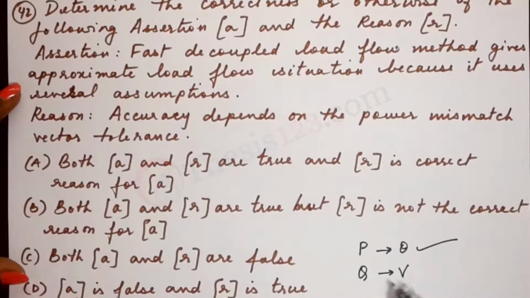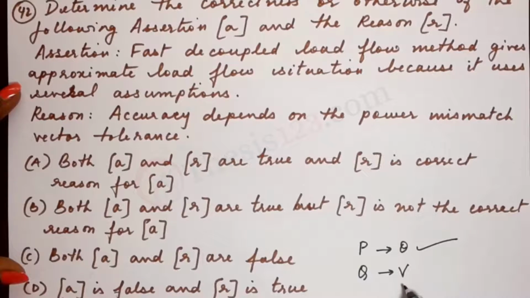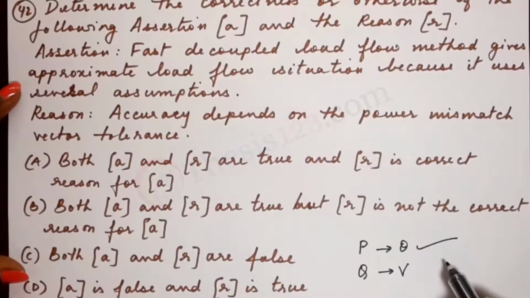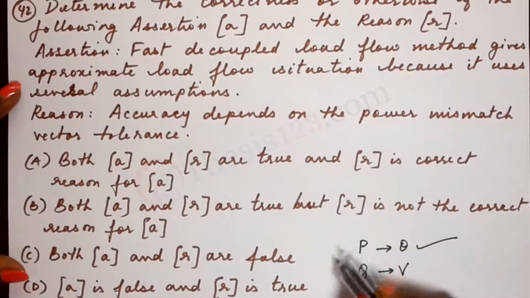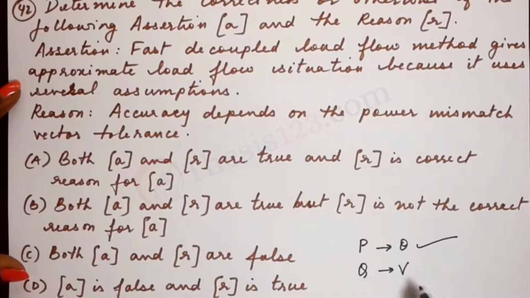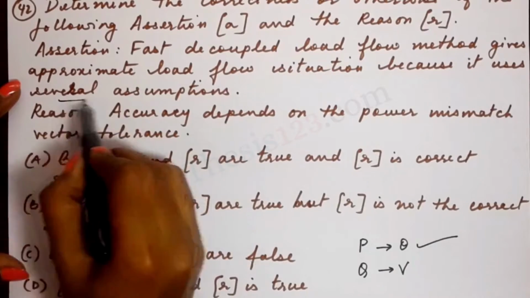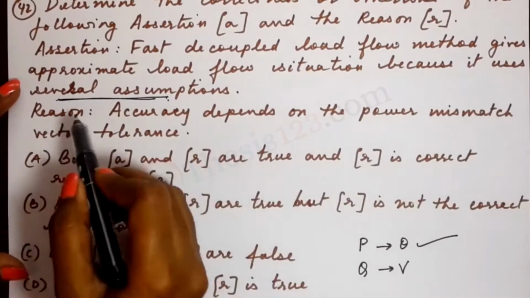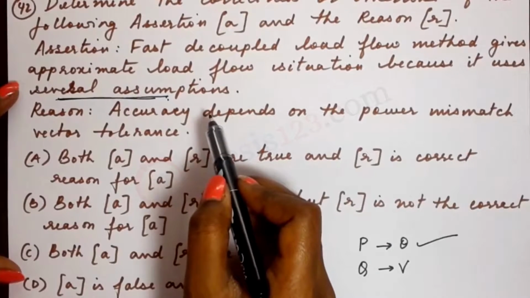We can use the equations of QV and solve and find out the equations of P theta. In such circumstances, we see that there are not many assumptions. There are no assumptions in fact. So this fact saying that it uses several assumptions is false.